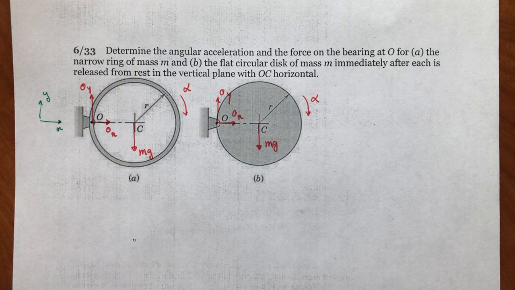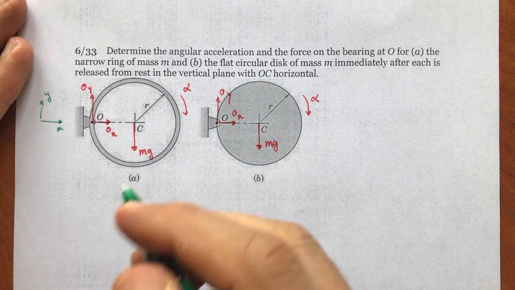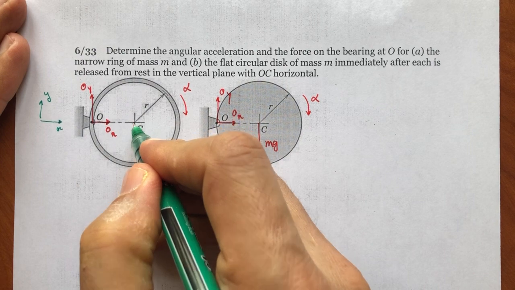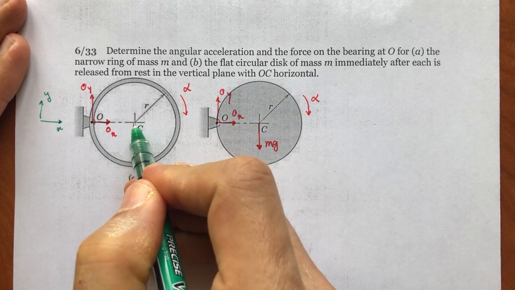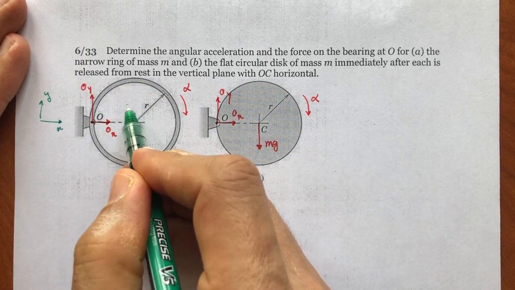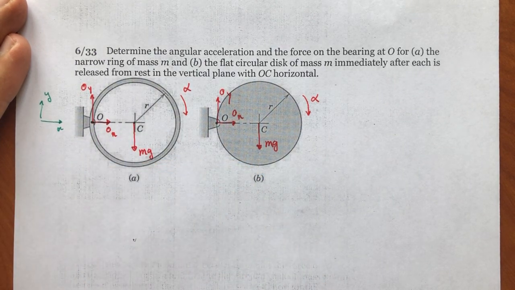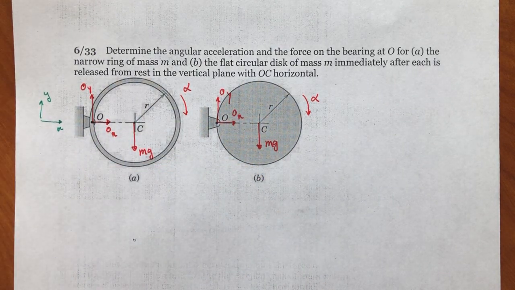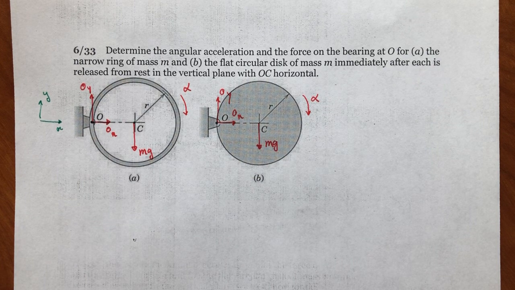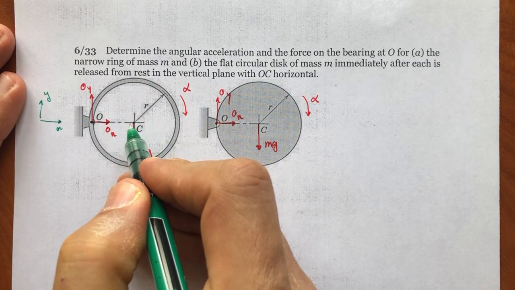But we need to talk about the acceleration of the centroid of these two. So look at point C in both of them. Point C is moving on a circle about point O, right? So acceleration of it is going to have two components, if you remember from chapter 5. Whenever you have a point which is moving on a circle, it's going to have normal acceleration and tangential acceleration.